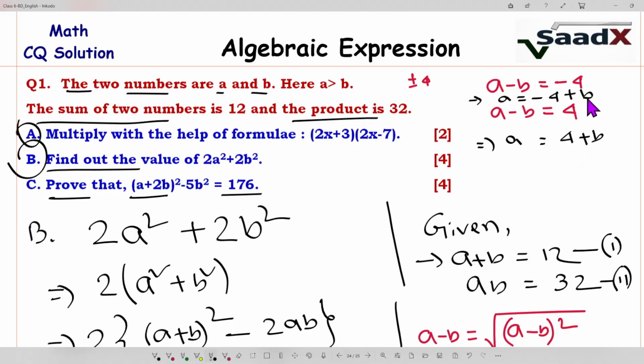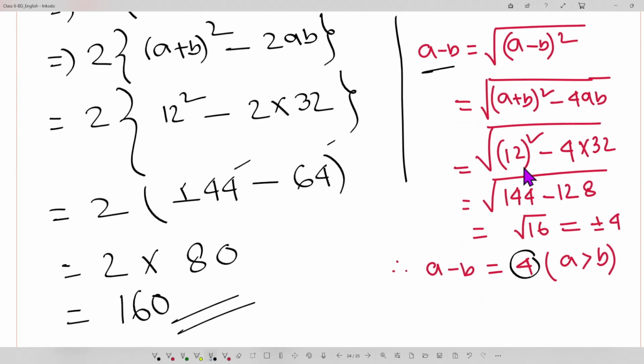Suppose b equals 1, then a will become minus 3 in the first case, but in the second case a will become 5. We know a is greater than b, but if b is 1, then a becomes minus 3. Therefore, we cannot take minus 4. It should be a minus b equals 4.